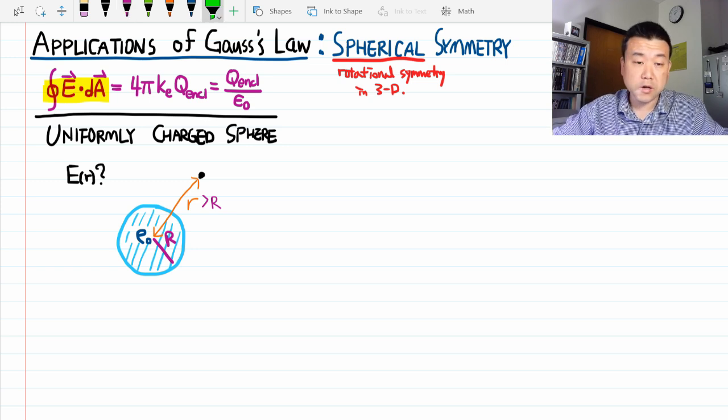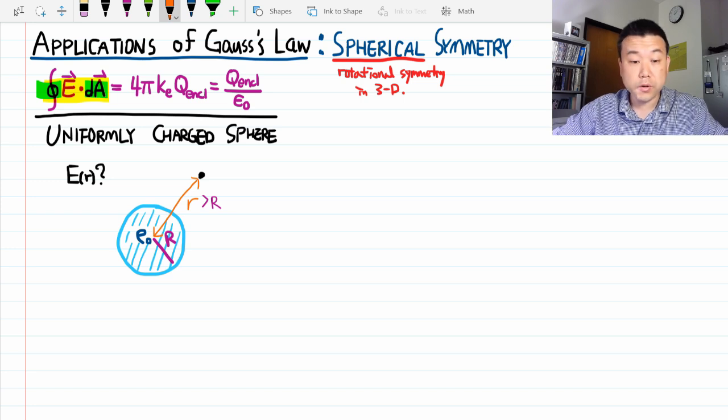The first thing about Gauss's law is that it involves an area integral over a closed surface, so we are going to need to define a surface. We call this surface a Gaussian surface. It doesn't correspond to any physical object. It's just a mathematical surface over which we are going to do this integral, or pretend to do this integral.